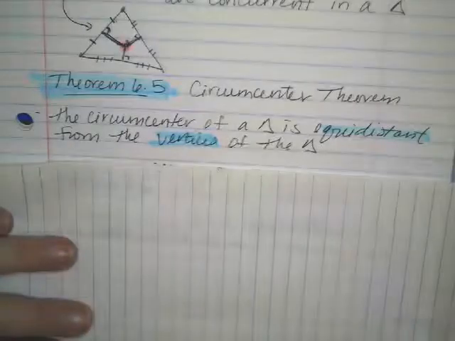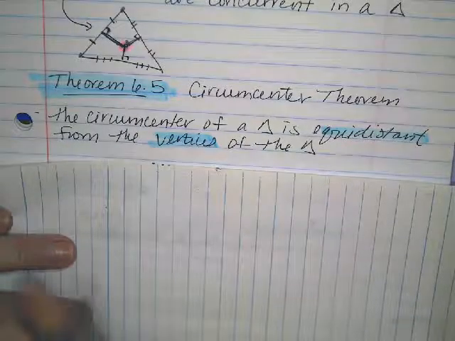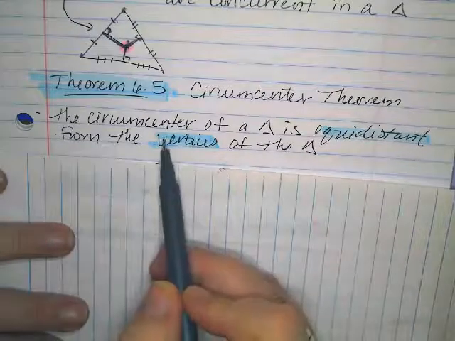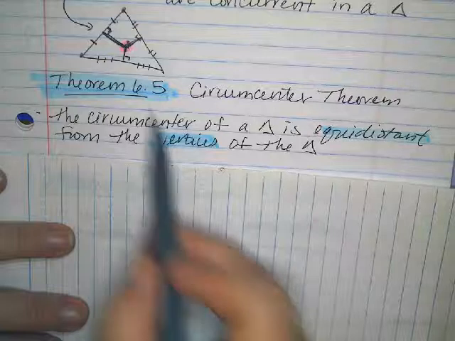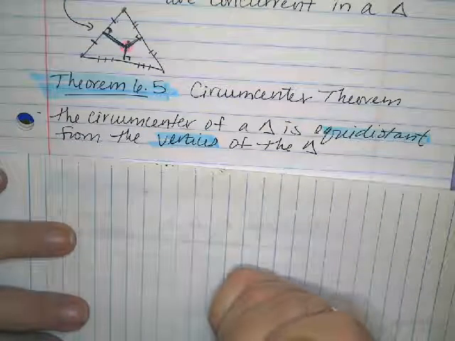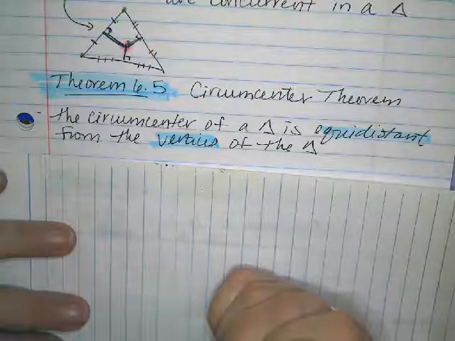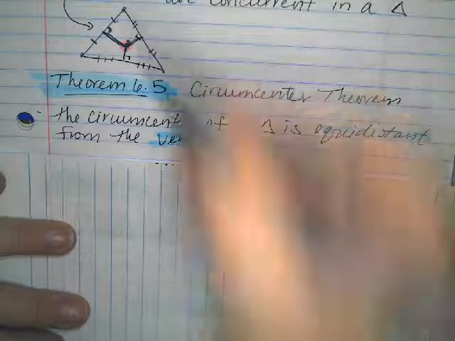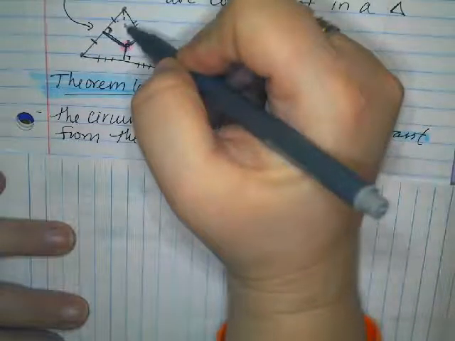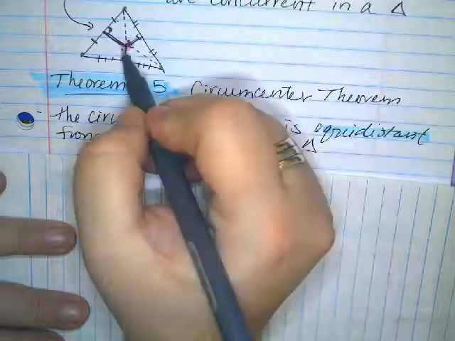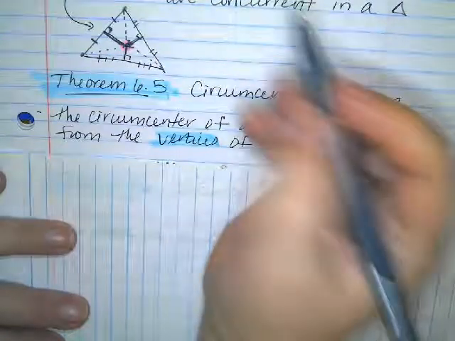And there's a theorem that goes with that circumcenter, and it states that the circumcenter of a triangle, that dot we were just talking about, right here, is equidistant from the vertices of the triangle. So it's saying that this circumcenter is going to be the same distance from that vertex, to that vertex, to that vertex.